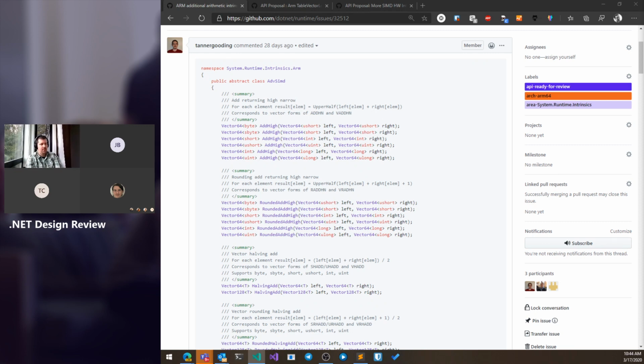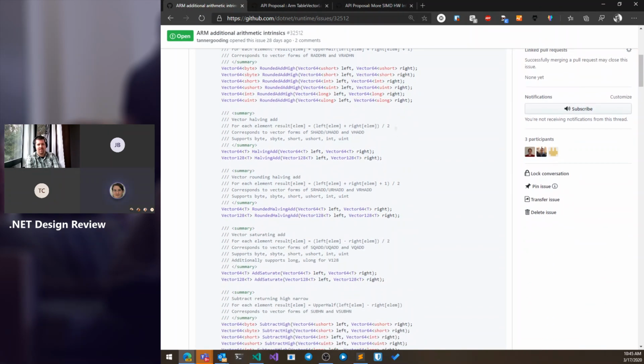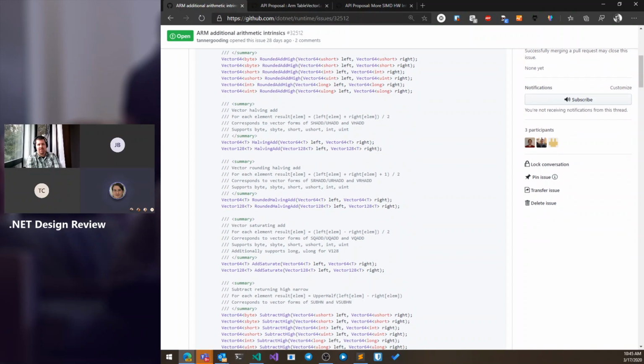All right, so then let's review the second API. The second one is the same API, just with rounded. Is everyone fine with rounded as the prefix for an operation that rounds? Yeah. So this would now be rounded and low returning high then, right? Yep. Just considering IntelliSense, do we want it as a suffix instead of a prefix?